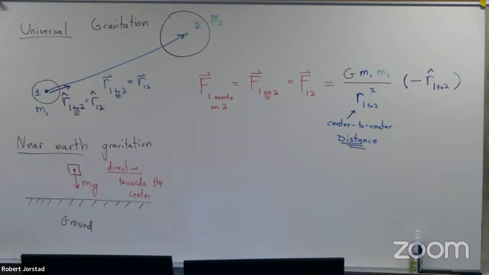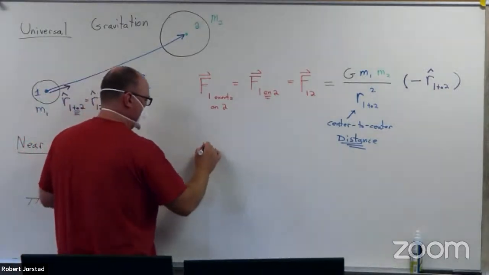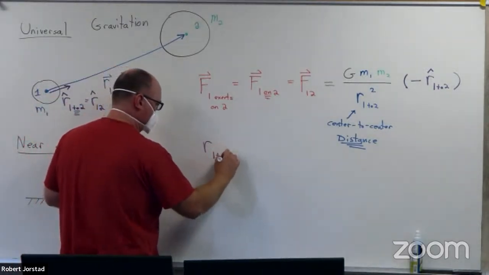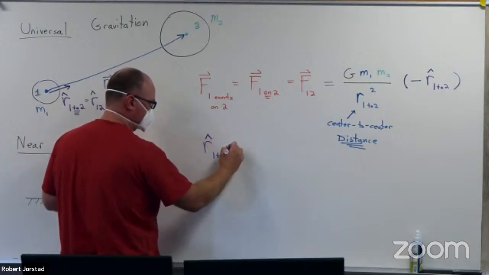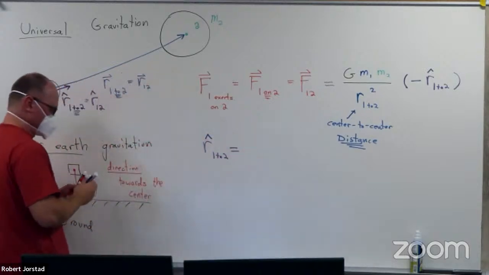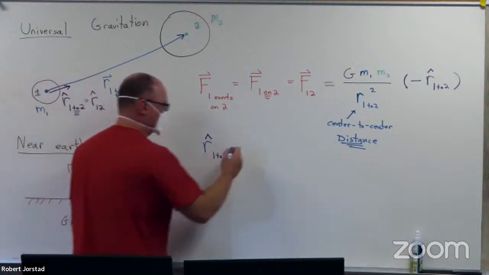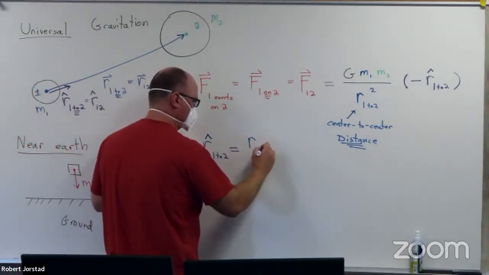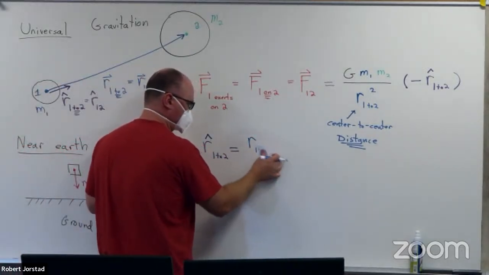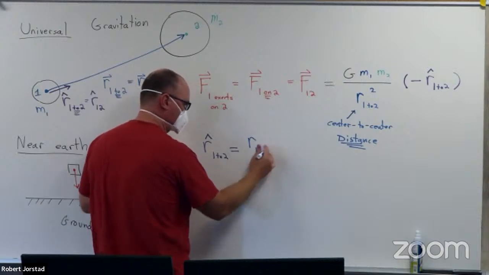It turns out a very common way to rewrite this is to get rid of the hat vector using this trick. R1 to 2 hat is equal to R1 to 2, whoops, see, I'm already leaving out that word.